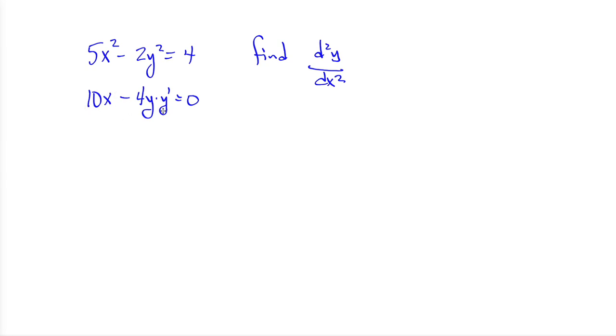So I'd subtract 10x. Divide by negative 4y. What would that be? 5x over 2y? Why did I write squared? You guys are supposed to yell at me on that stuff.